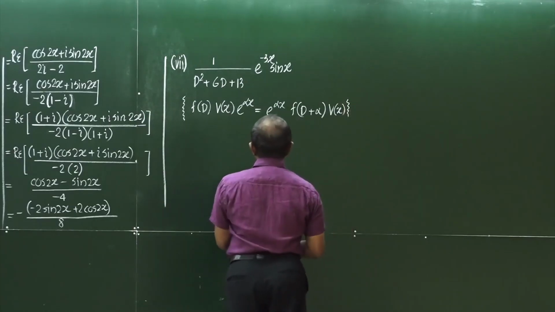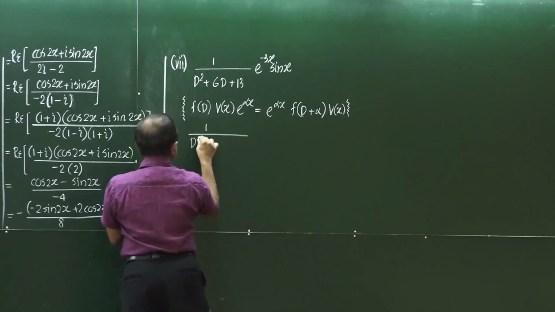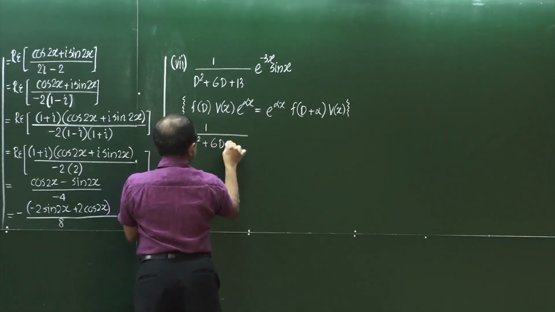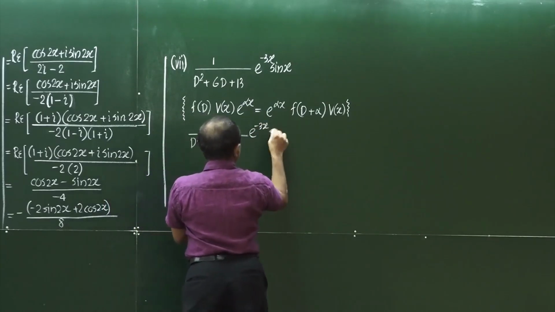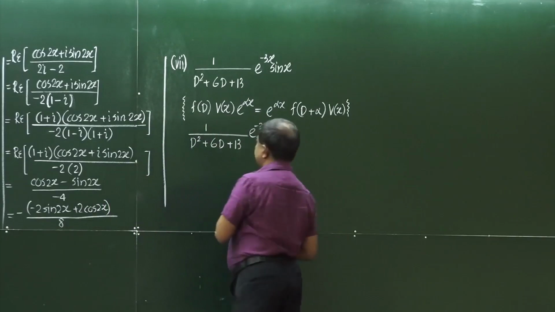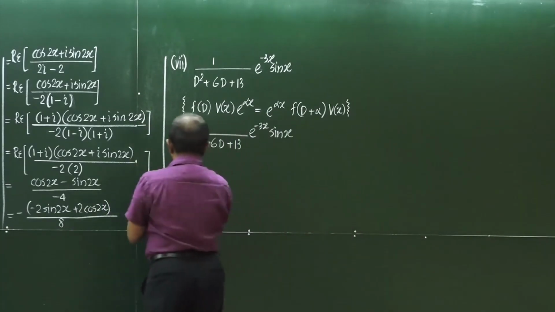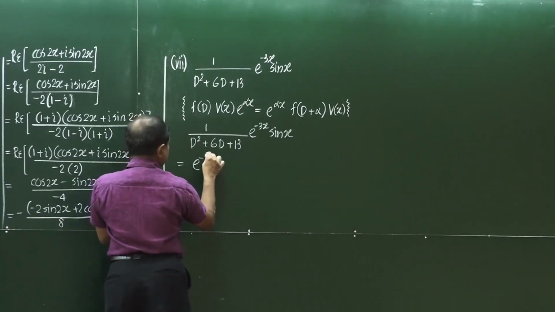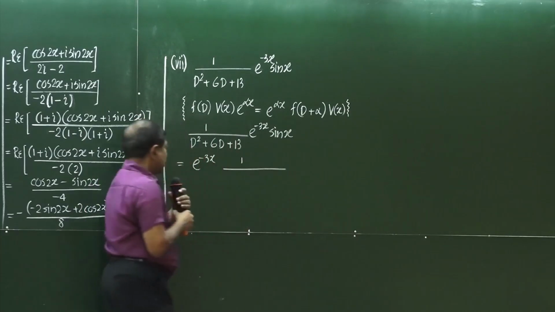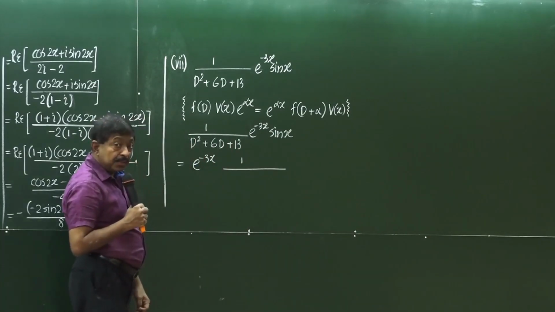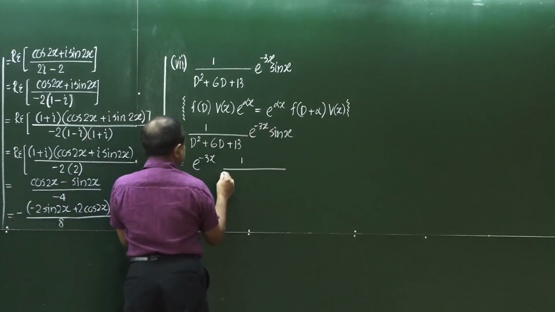So let's do this. So 1 over d squared plus 6d plus 13. You pull out e to the power minus 3x all the way from the operator. In that process, what should you do? You have to replace d by d plus alpha, and alpha is minus 3, so d minus 3.